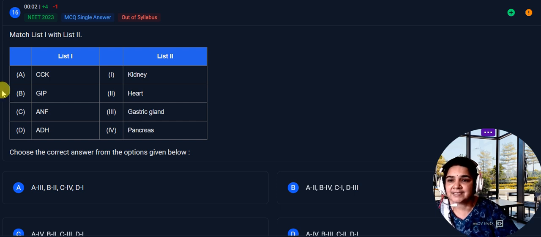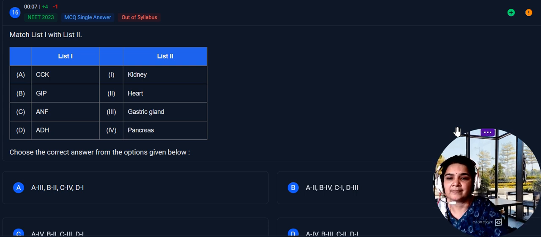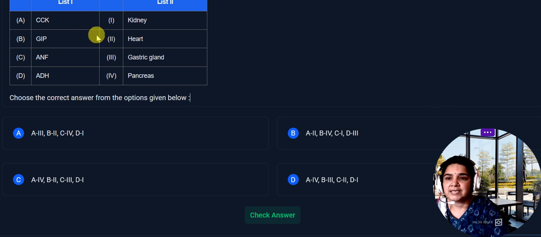So let us match this. CCK means cholecystokinin. Cholecystokinin is related to the pancreas. GIP means gastric inhibitory peptide, so this is related to the gastric gland.